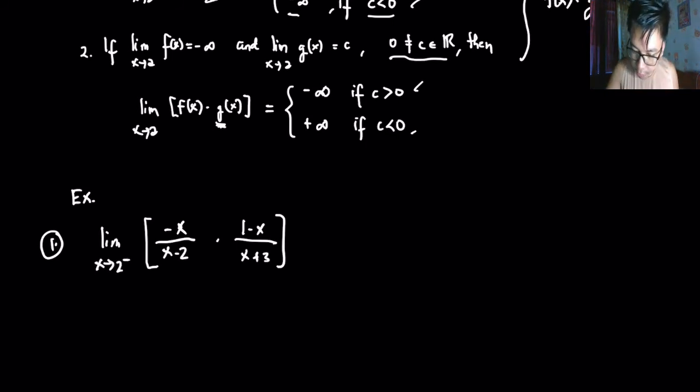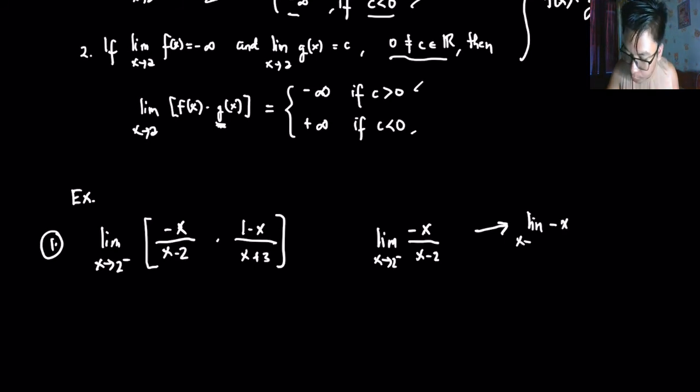So let's double check first the limit of negative x over x minus 2 as x approaches 2 from the left. The limit of the numerator, negative x as x approaches 2 from the left, is negative 2. And for the denominator, the limit is 0.